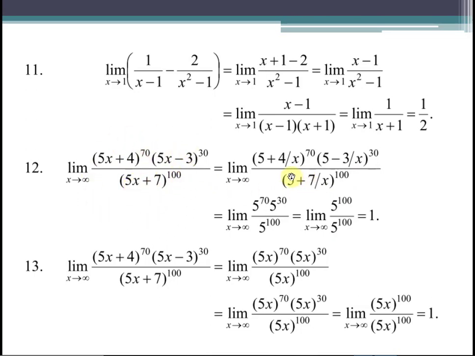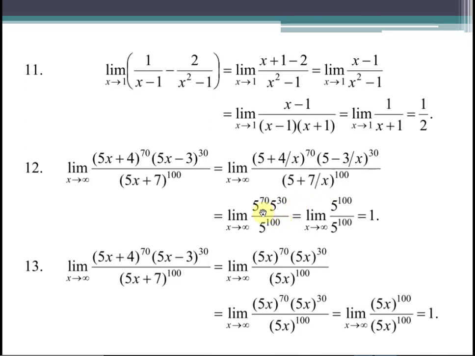So then, x tends to infinity. This one tends to 0. 4 over infinity, 3 over infinity, and 7 over infinity. So now, what do we get?